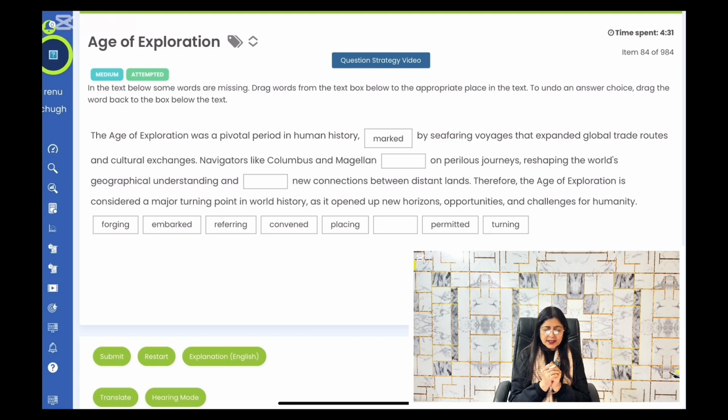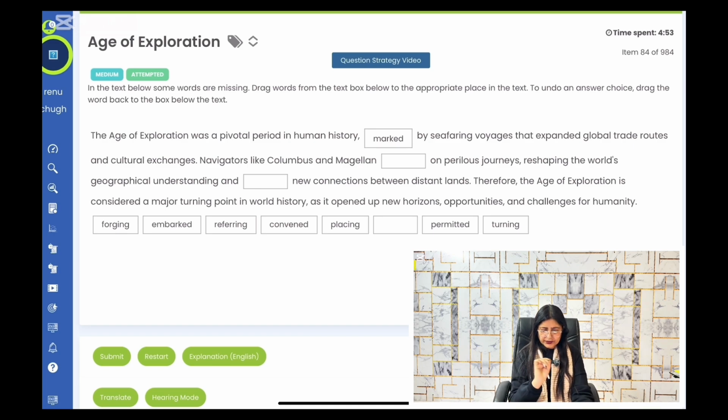Navigators like Columbus and Magellan dash on perilous journeys reshaping the world. So they moved on, something like that. Because it is past, sorry, we won't be using V1, we will be using V2, my bad, because it is all about the past.